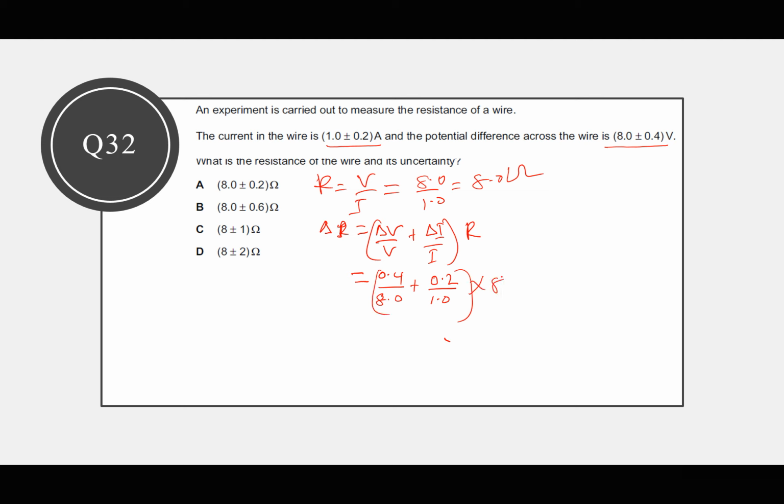Pick a calculator. 0.4 divided by 8 plus 0.2 over 1, then answer multiplied by 8. So this is giving you 2, which is a whole number. Therefore, our answer is going to be D. Okay, next.